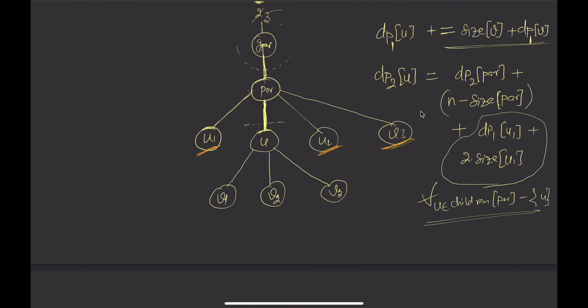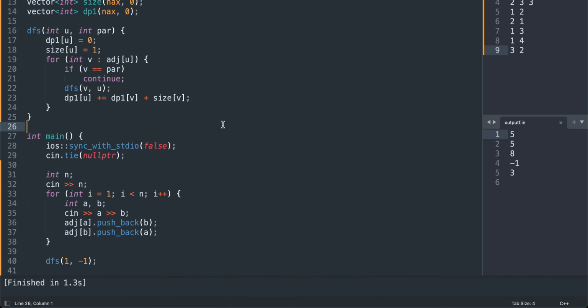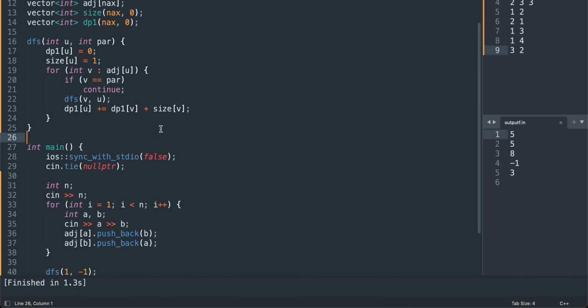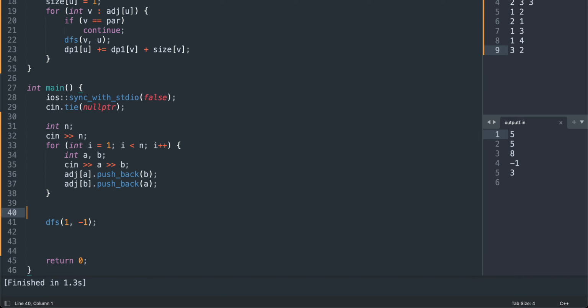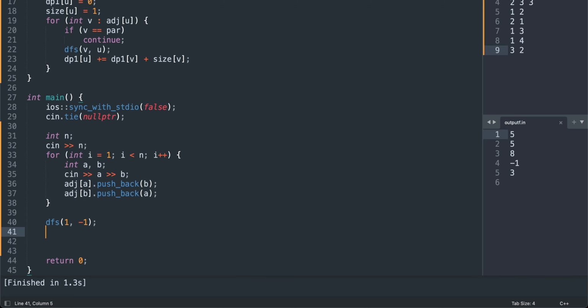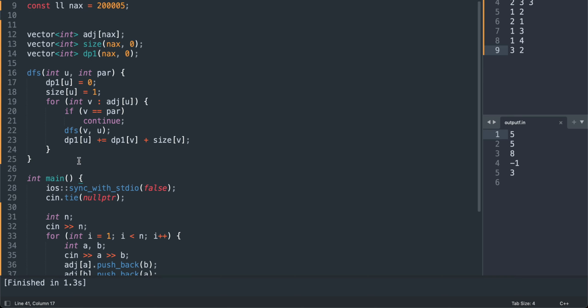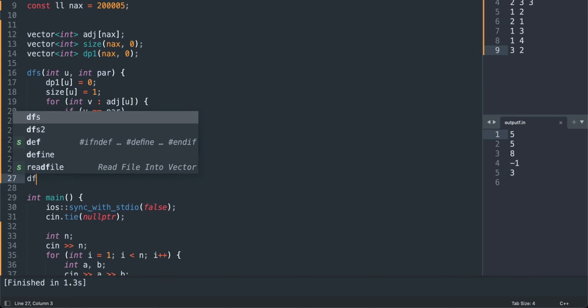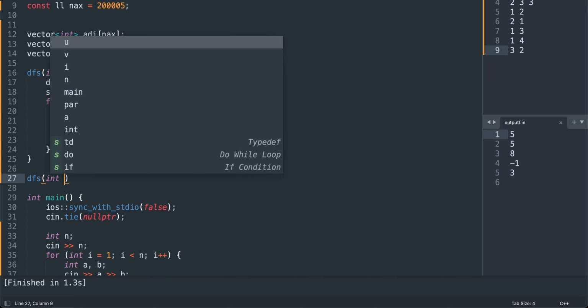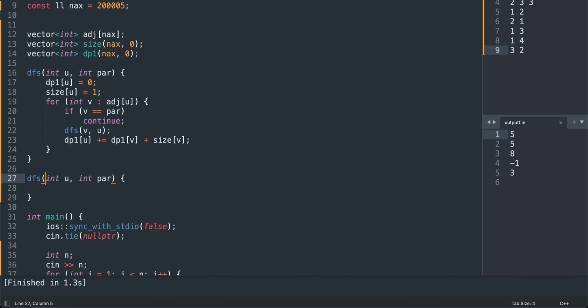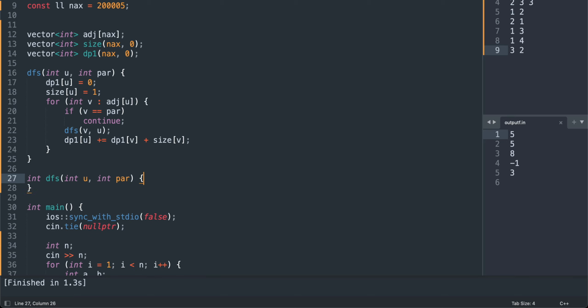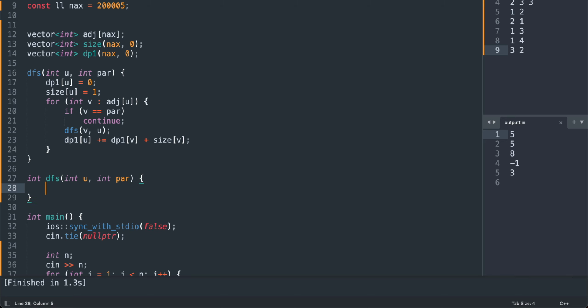How will I do that? So dp1 calculation is done. Let's write dfs2 on 1 with parent minus 1, and u and parent. dp2.